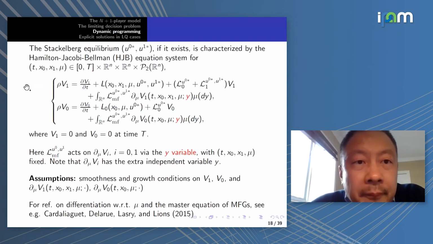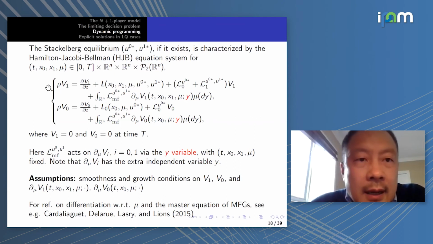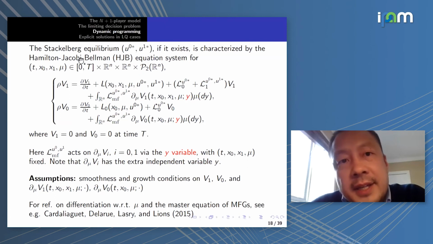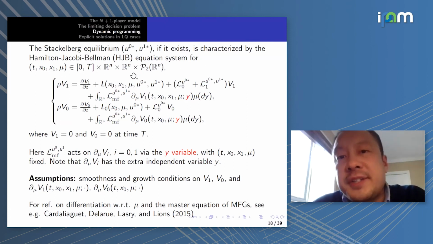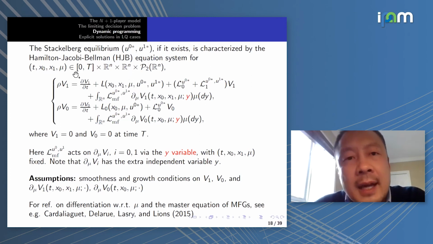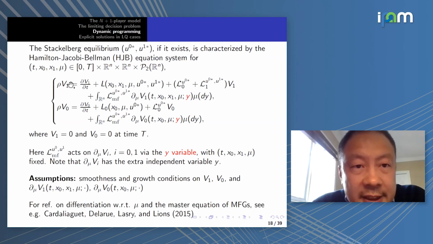So here let me first give the end product from our procedure. Basically we get a pair of HJB equations. We can call this the master equation because we have the differentiation with respect to the mean field mu. The first equation is for the value function of the minor player.